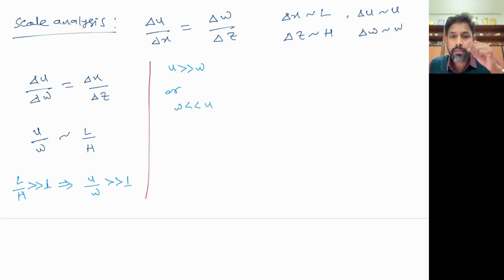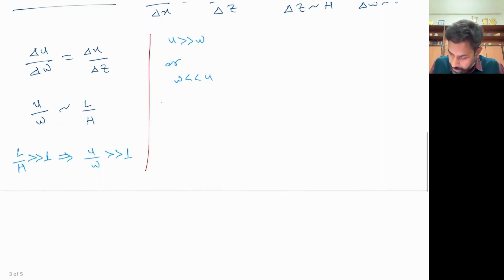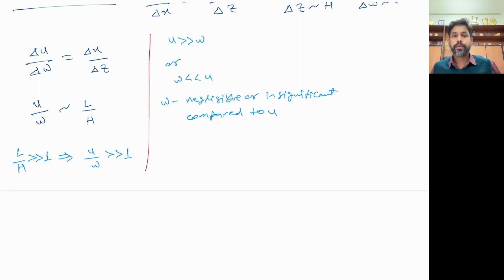So now we can make an assumption that w is actually insignificant or negligible compared to u. So u is the horizontal velocity and w is the vertical velocity. So w is negligible or insignificant compared to u, right?